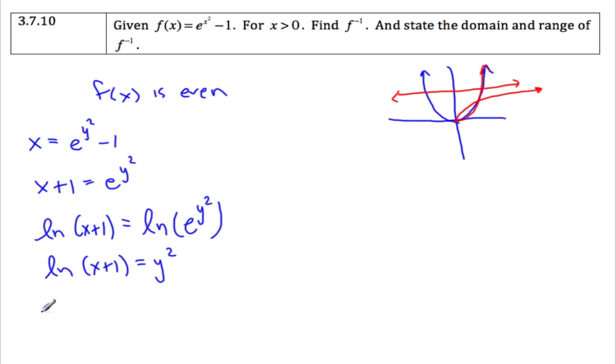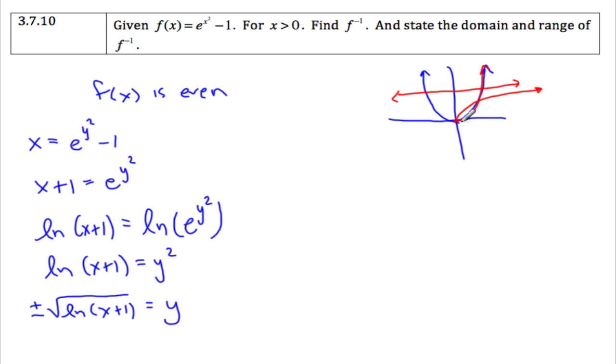And then square root. So we get plus and minus the square root of ln of x plus 1, which equals y.